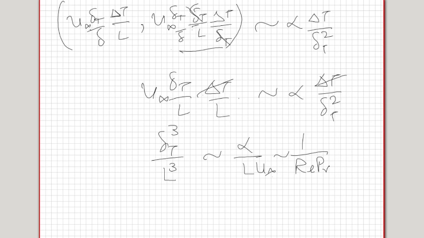What did I put? This is not L, this is delta actually. Making so many mistakes. This is a delta. So there will be a delta by L that will go here.